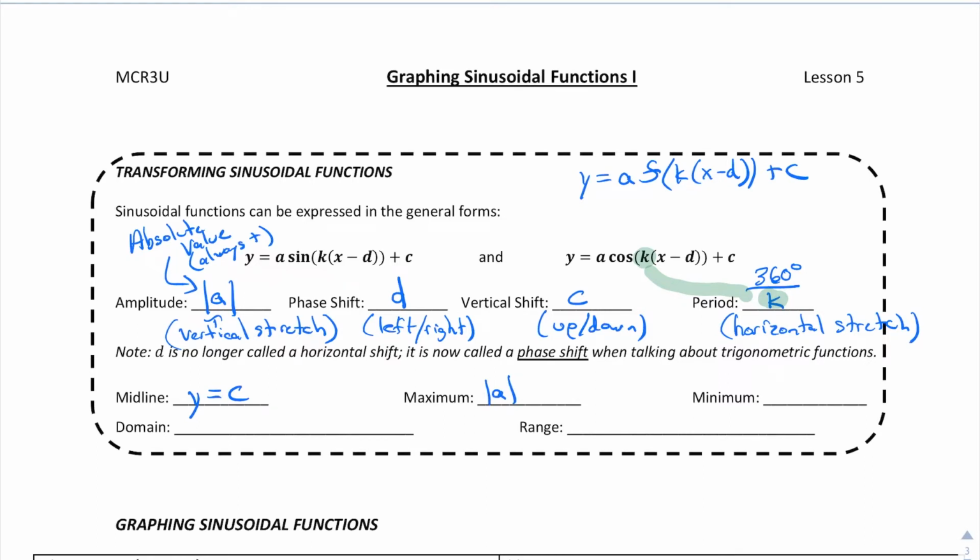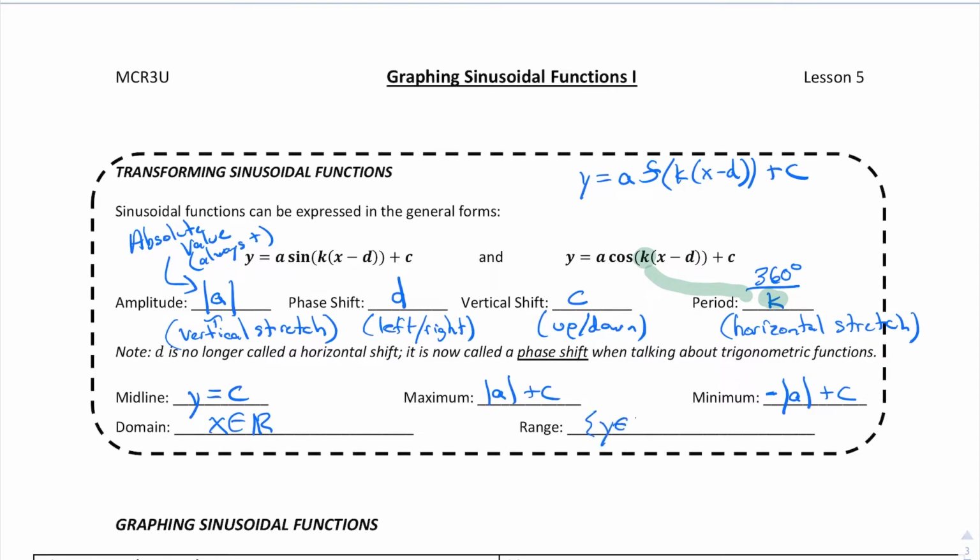And so what I have to do is take the absolute value of A, and then I add the C value. And that gives me the maximum. And then the minimum, I take the negative version of the absolute value of A, and then I add C. So basically you're taking 1 or negative 1 and multiplying it by A and then adding C. And the domain in these things, if we were using X for our angle, then it's just all real numbers.